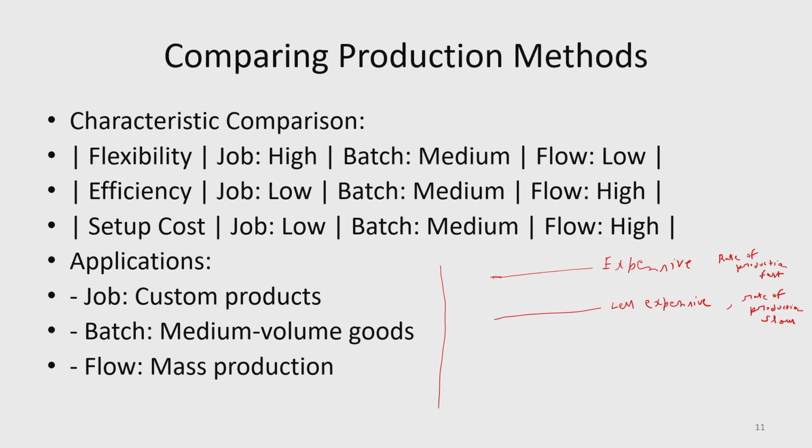So as I told in my previous class, you can assign a membership grade. Suppose you have two things, expensive and production rate, and in these two things you have option 1 and option 2.